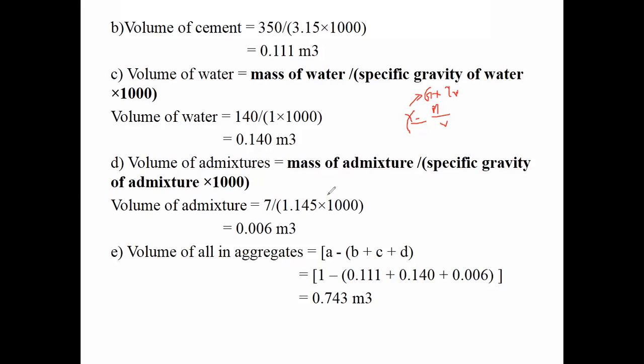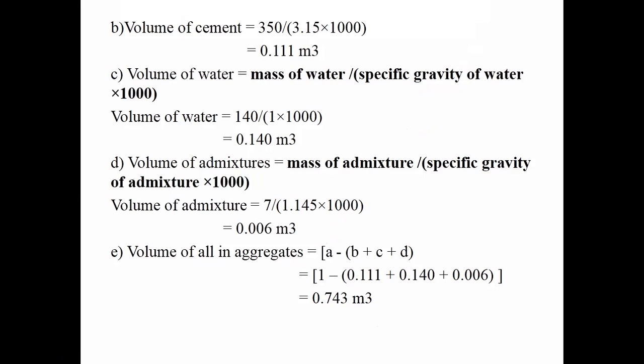Okay, this concept. And coming here, the total volume of the concrete should be deducted by the volume of cement, water and admixtures, then you will be getting the total aggregate volume. You are getting volume here, not mass.